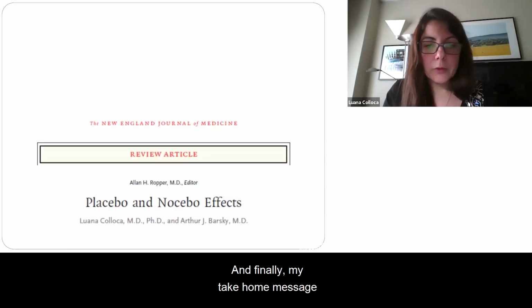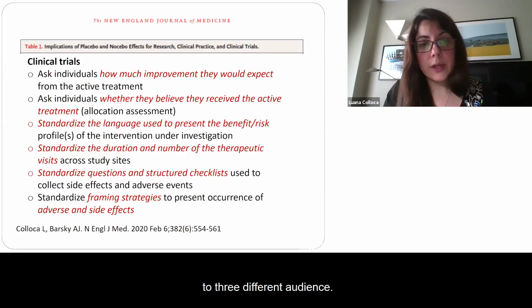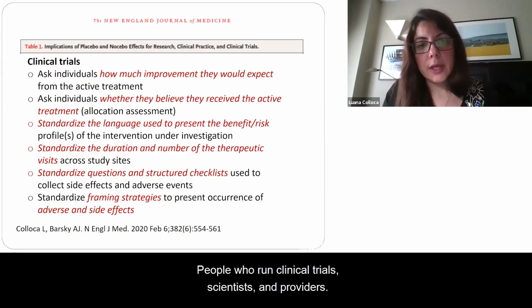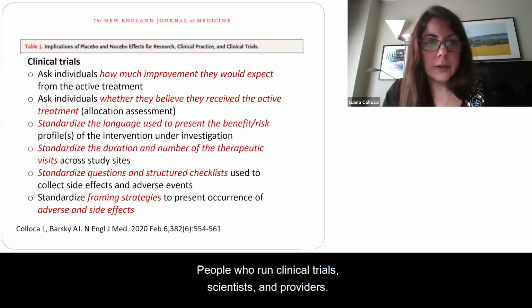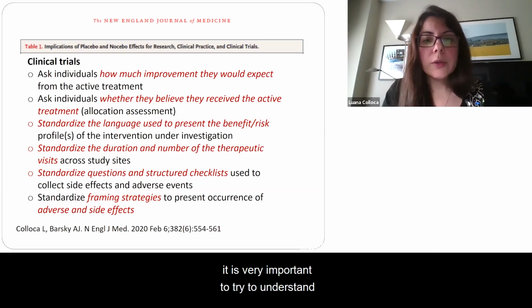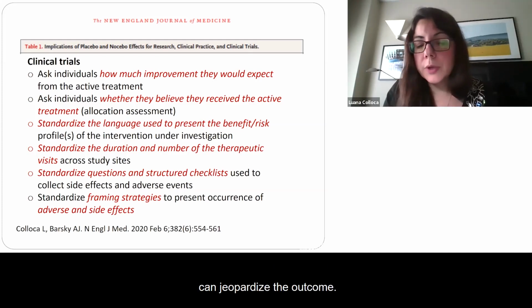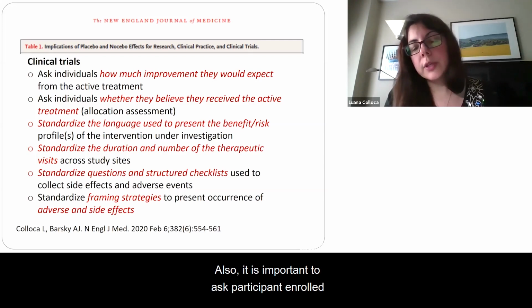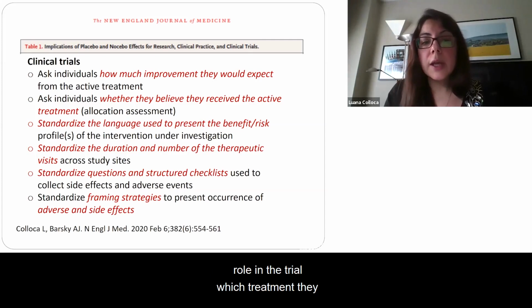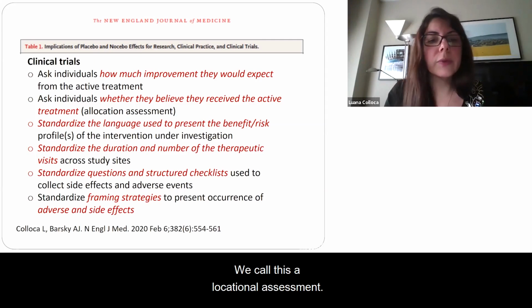And finally, my take-home message will be tailored to three different audiences: people who run clinical trials, scientists, and providers. For those who run clinical trials, it is very important to understand that what patients expect and what the provider expects can jeopardize the outcome. Also, it is important to ask participants enrolled in the trial which treatment they believe they have received, and we call this allocation assessment.